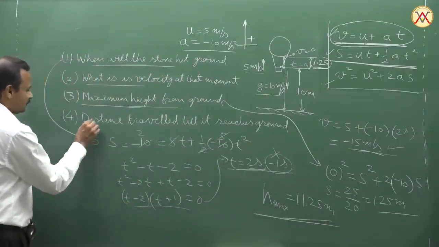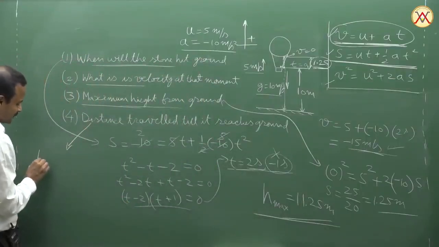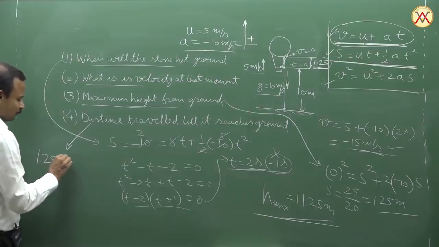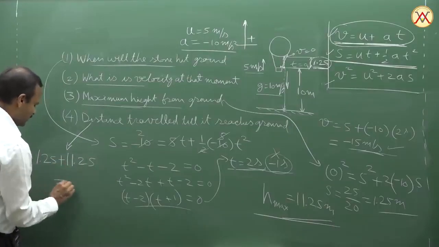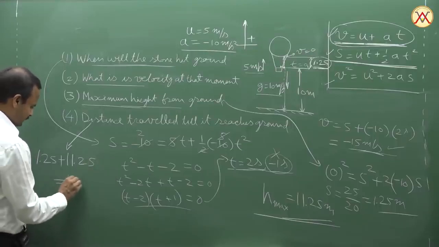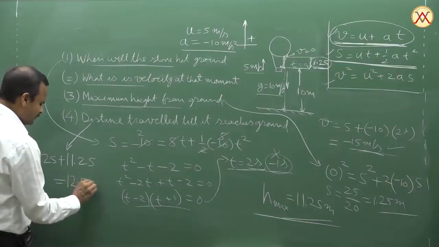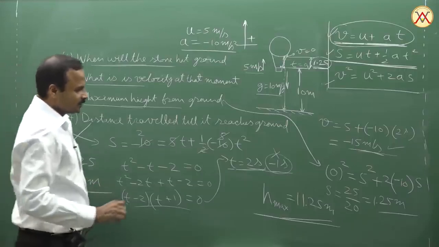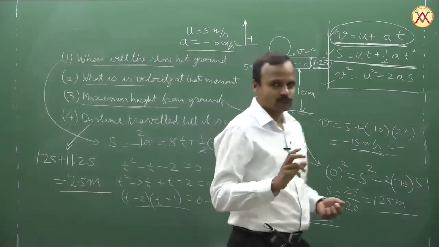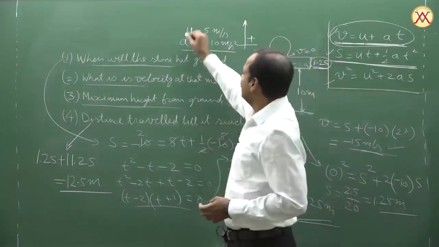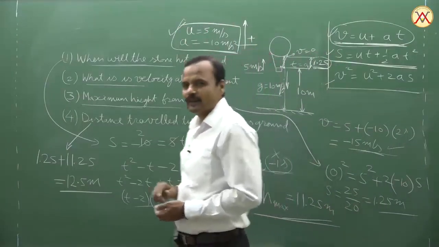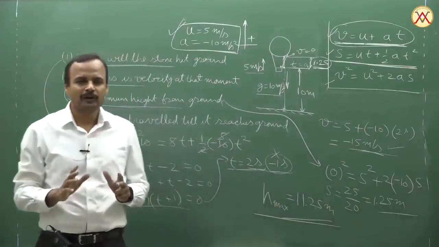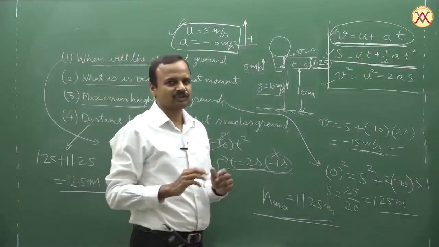So the answer of part 4 becomes 1.25 plus 11.25. So total it becomes 12.5 meters. So in such situations where u and a have opposite signs, we have to be careful while calculating distance traveled.